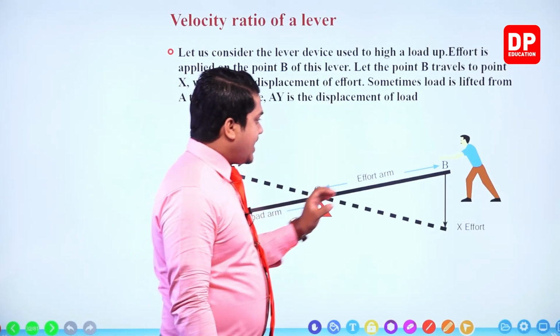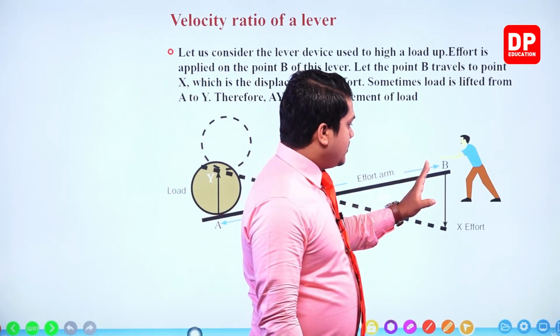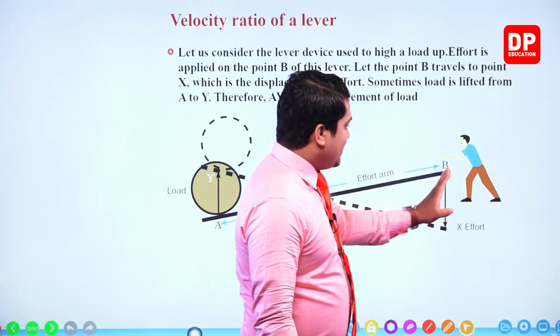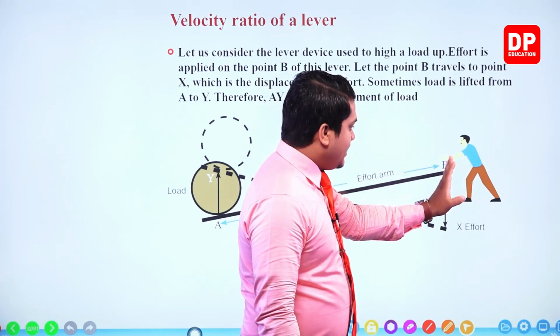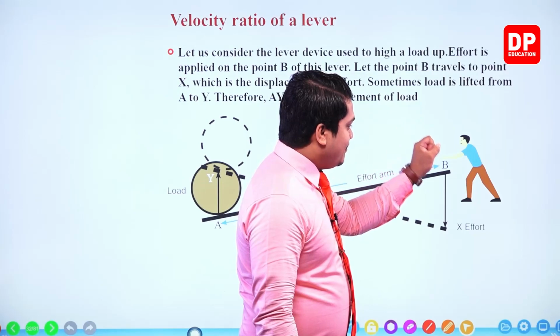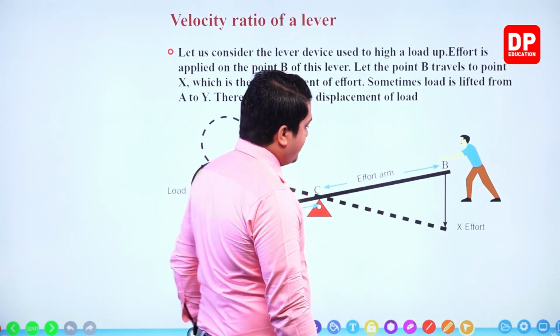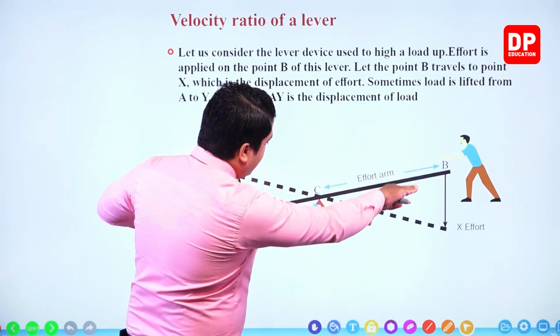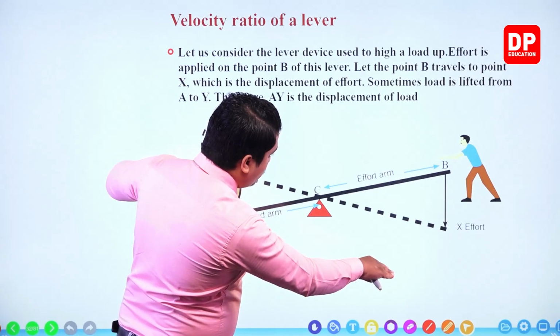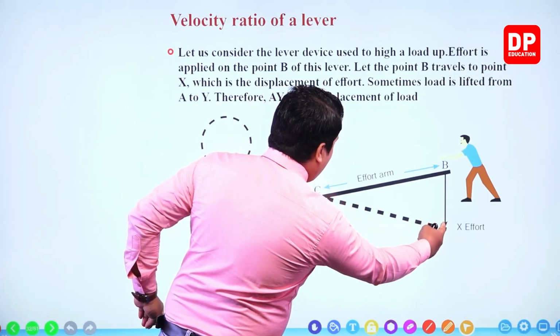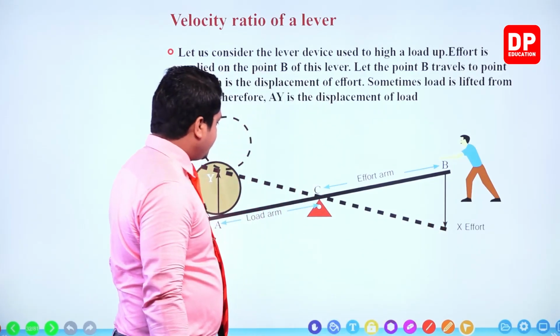Then, my dear children, the effort is applied to point B, and by the application of that effort, we are moving the lever arm downward to this X point.